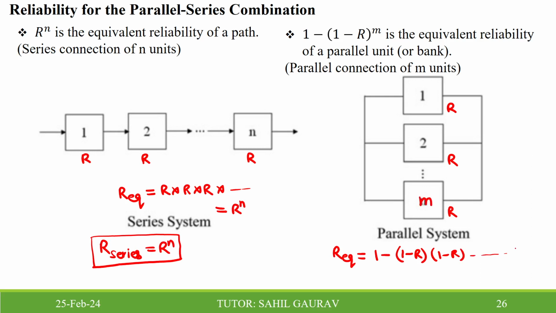So if there are m components connected in parallel in a system, then R parallel equivalent will be 1 minus (1 minus R) to the power m.